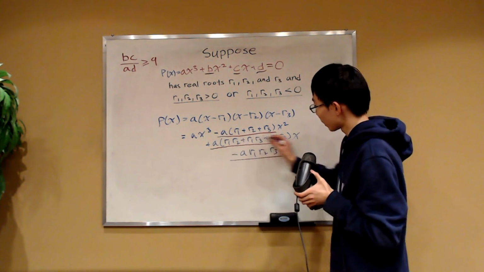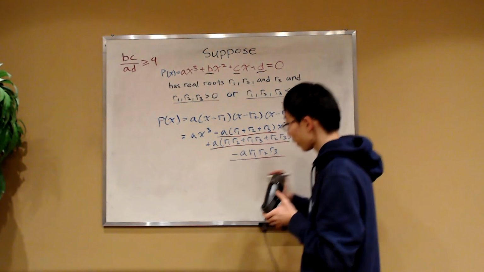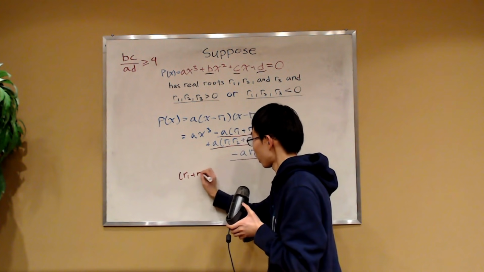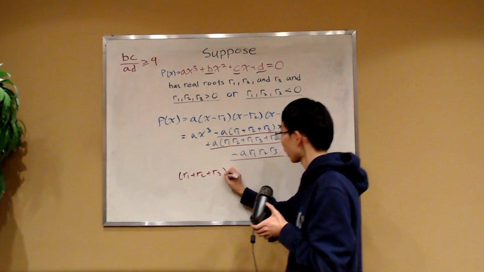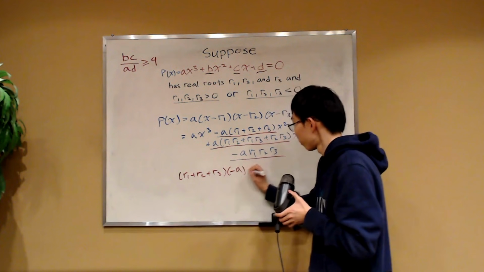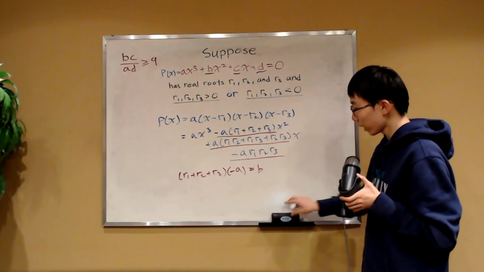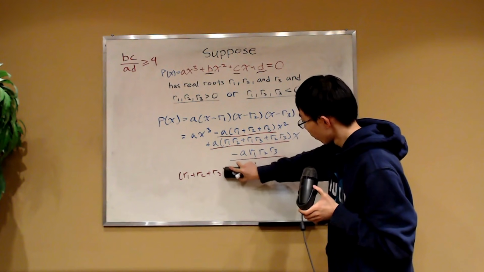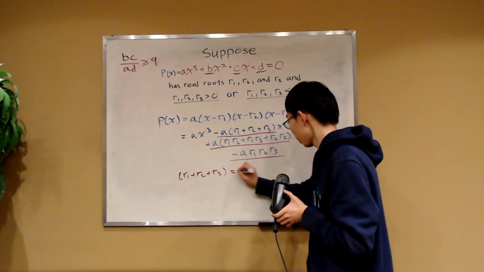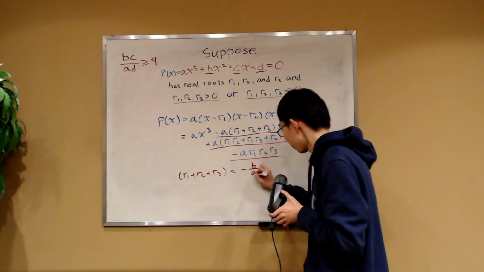But because this entire thing is equal to b, we may write r1 plus r2 plus r3 times negative a is equal to b. And we can actually divide both sides by negative a.